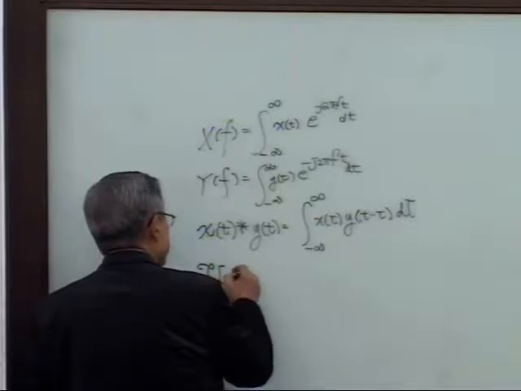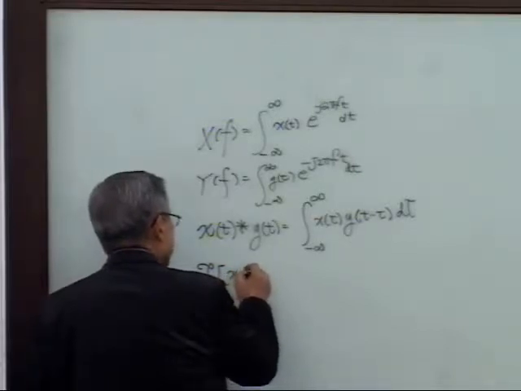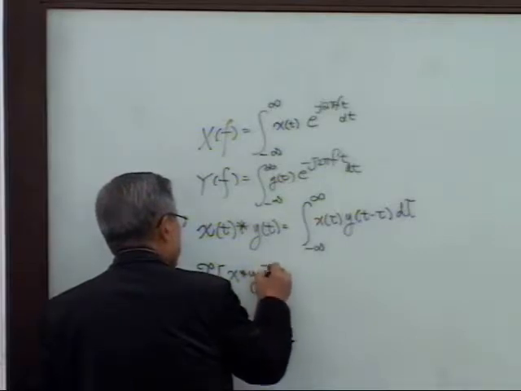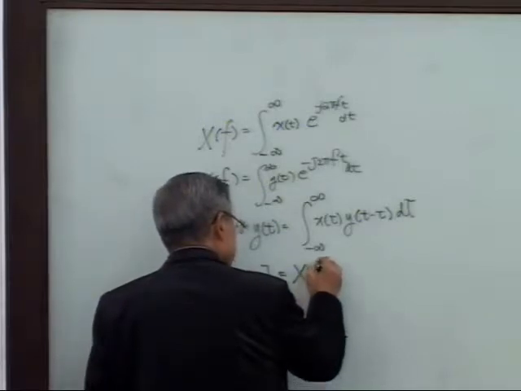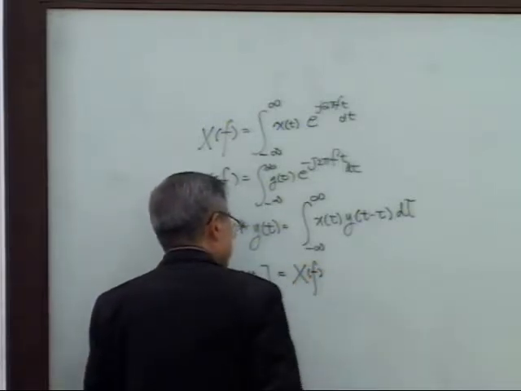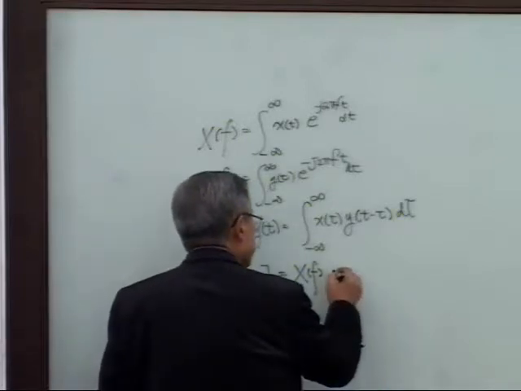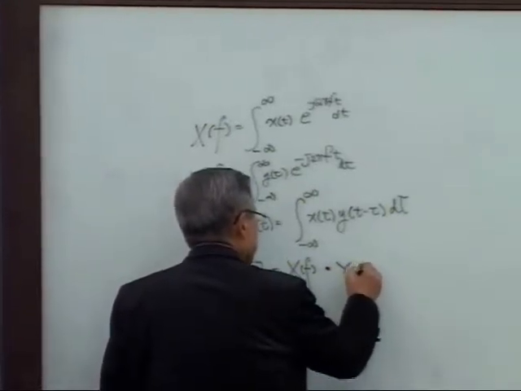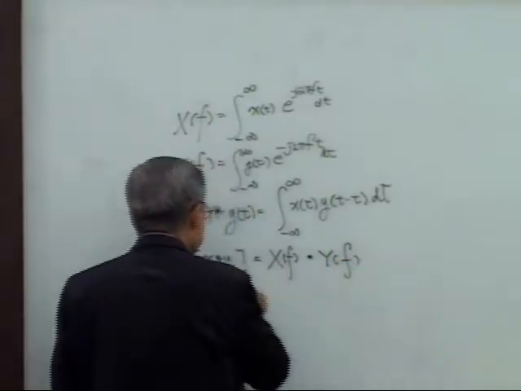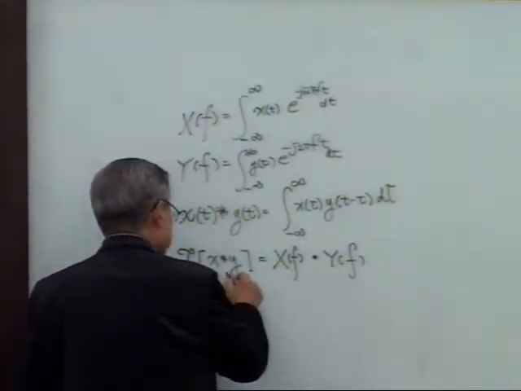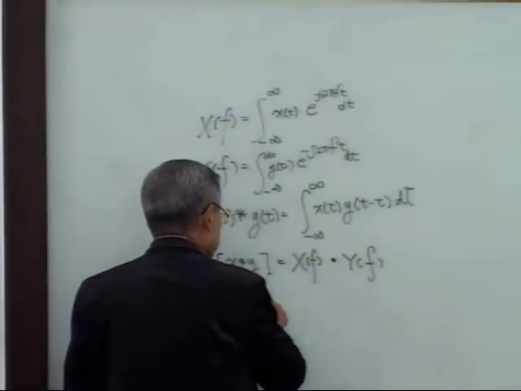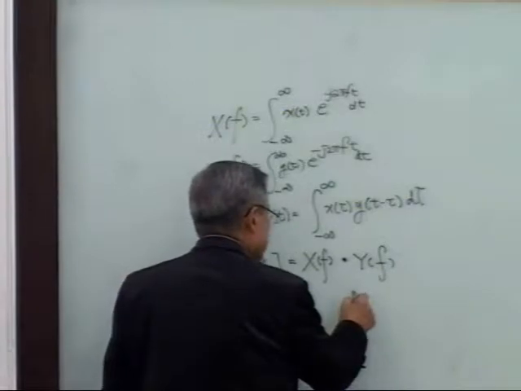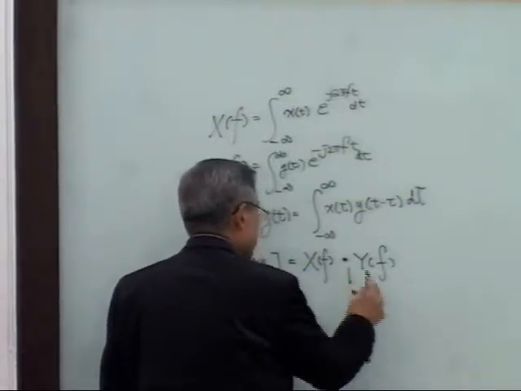The Fourier transform of x convolved with y is equal to X, a function of f, multiplied by Y. So the Fourier transform of x convolved with y is equal to multiplication in the other domain.